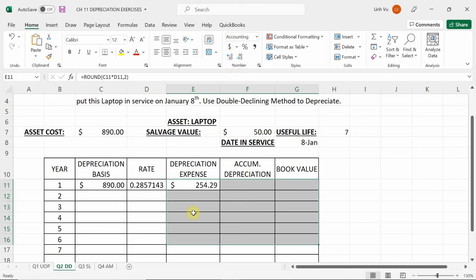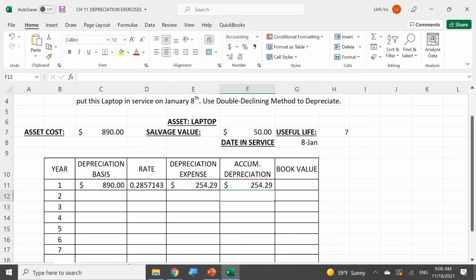Yes, because when did we start depreciating it? January. So one whole year is the correct amount, because this is for one whole year. So that's going to be the same amount there.